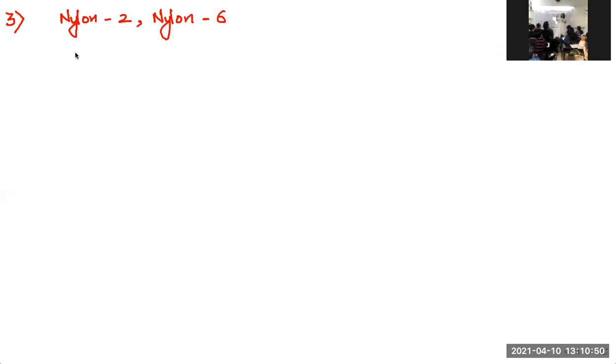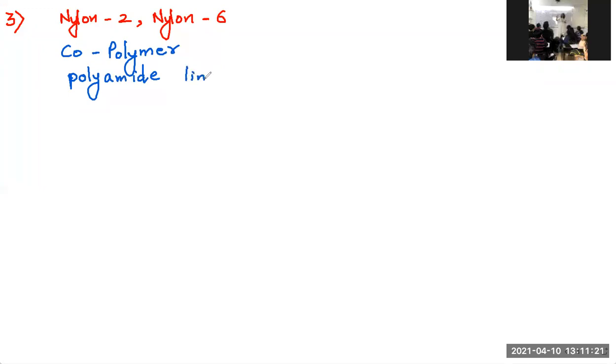Now, it is a copolymer. नाम से ही समझ आ रहा है. Johan, do you know what is a copolymer? Polymer of two or more monomers. Yeah, different ones. Okay.